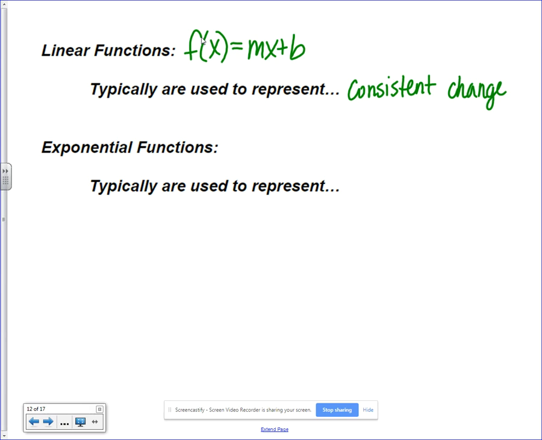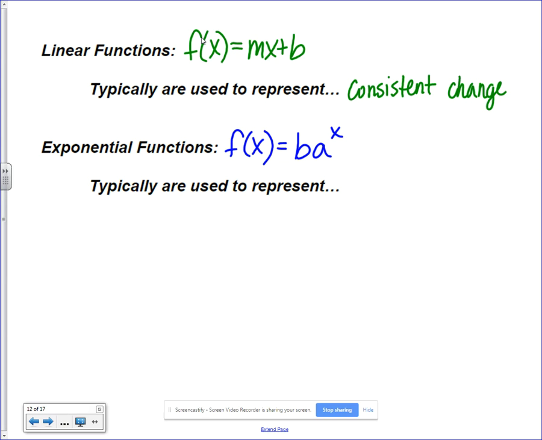We have introduced this new thing called an exponential function. Exponential functions look like that. The b is your starting number.